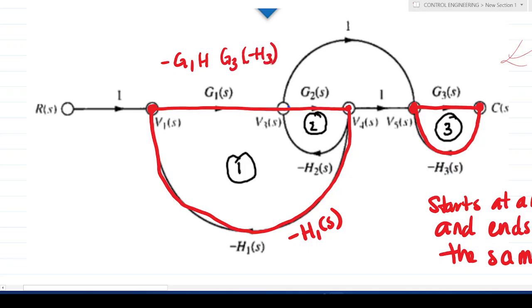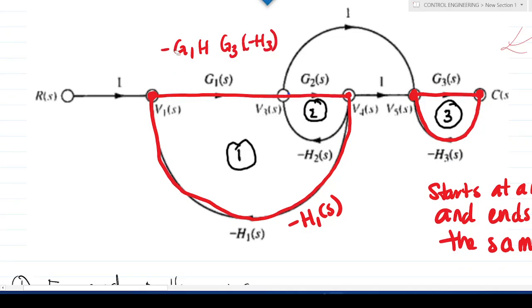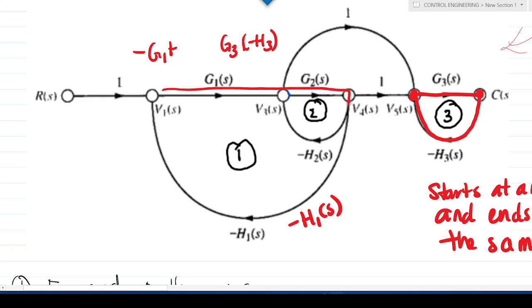Let's write that out. So it's going to be G1, G2 times minus H1. I put the minus in front.